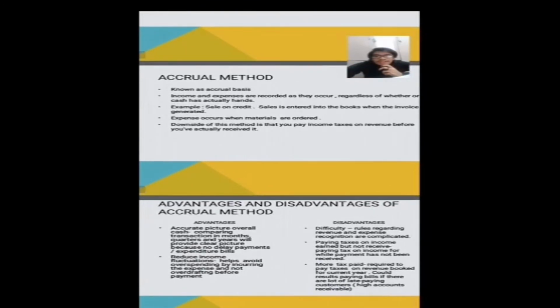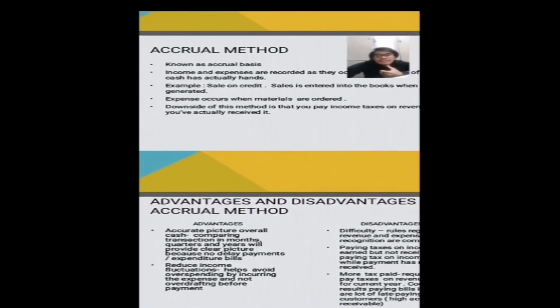So we move to the advantages and disadvantages of the accrual method. The advantage of the accrual method is a very accurate overall picture of cash, because it can compare transactions in months, quarters and years, and it will provide a clear picture, because in the accrual method there is no delay in payment or expenditure bills.